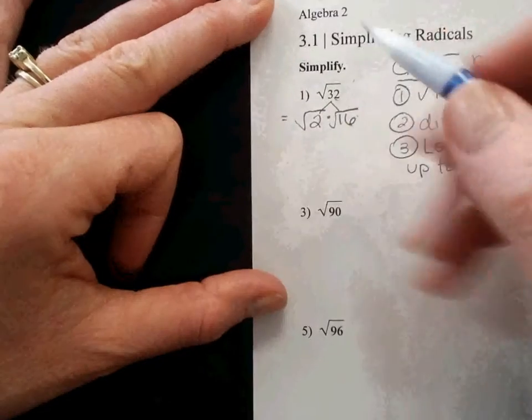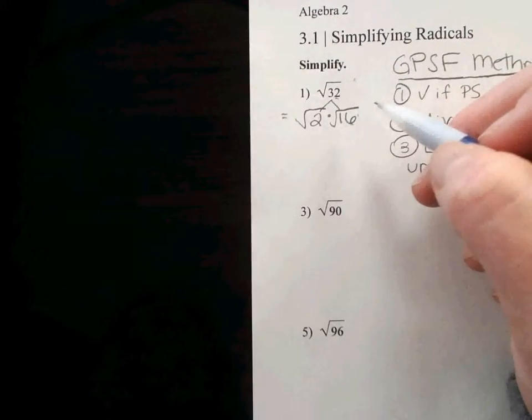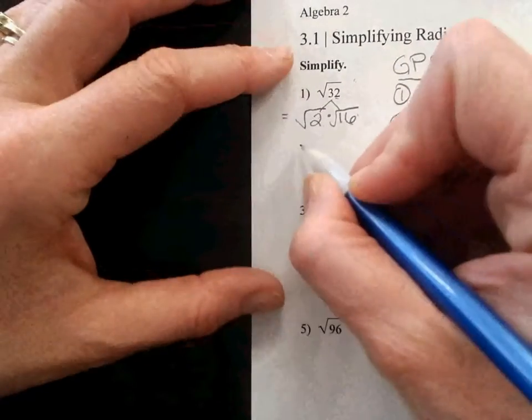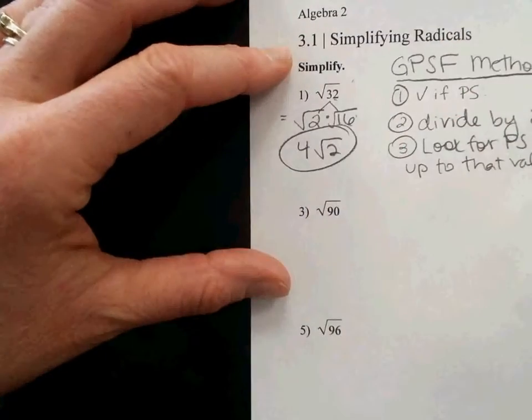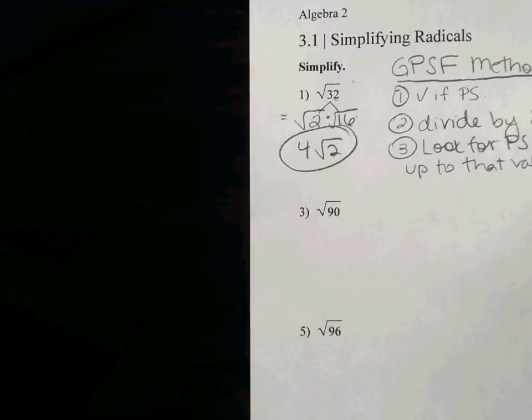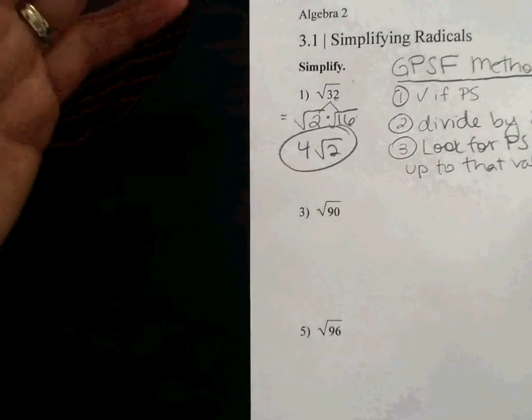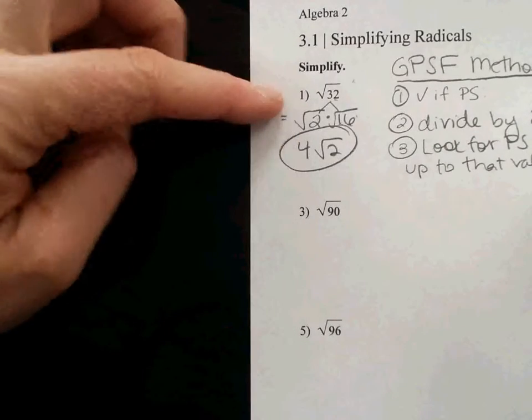So the square root of 16 can be simplified. Square root of 16 is 4. So we're going to write this as 4 radical 2. That's the answer. That's the simplified form of square root of 32.